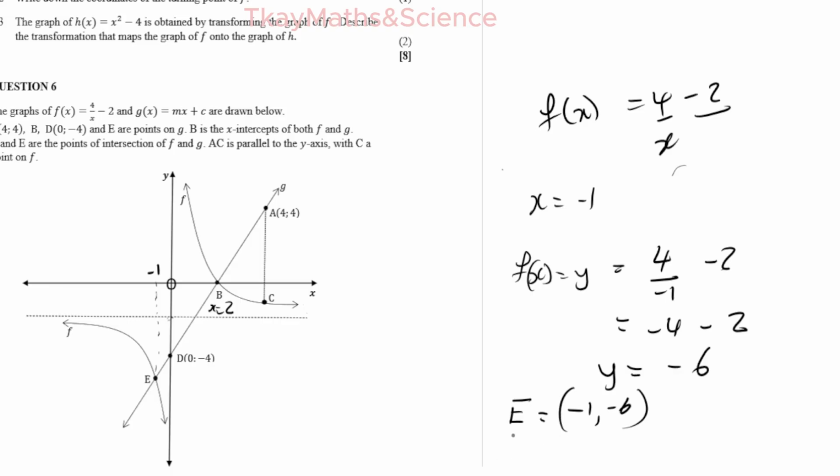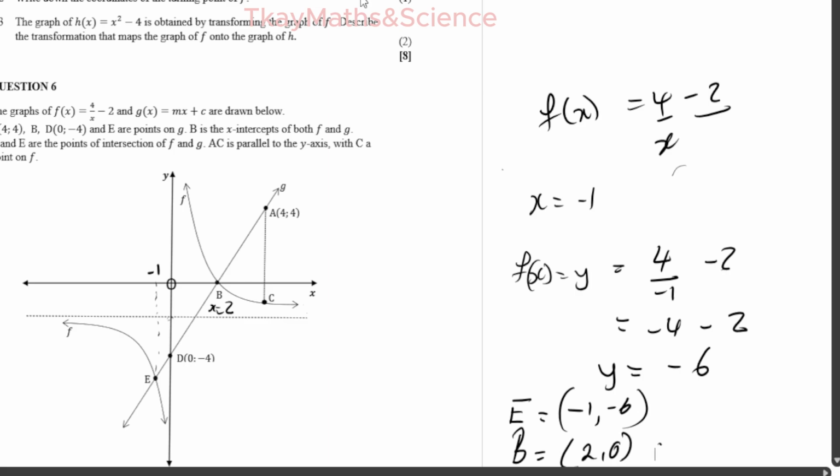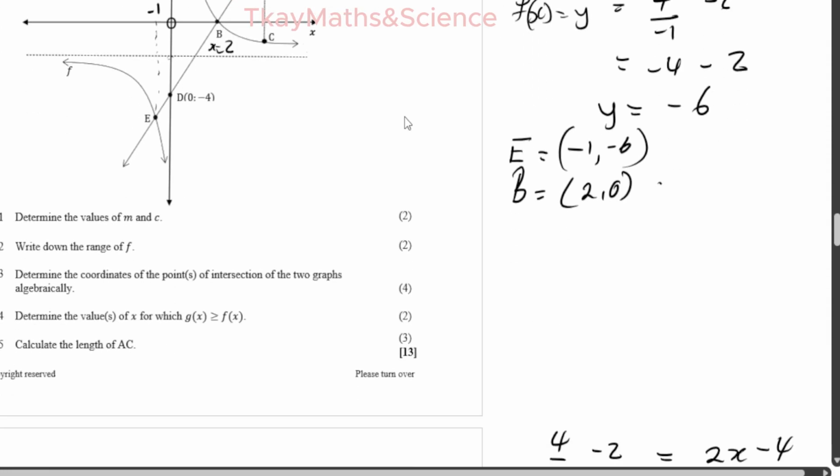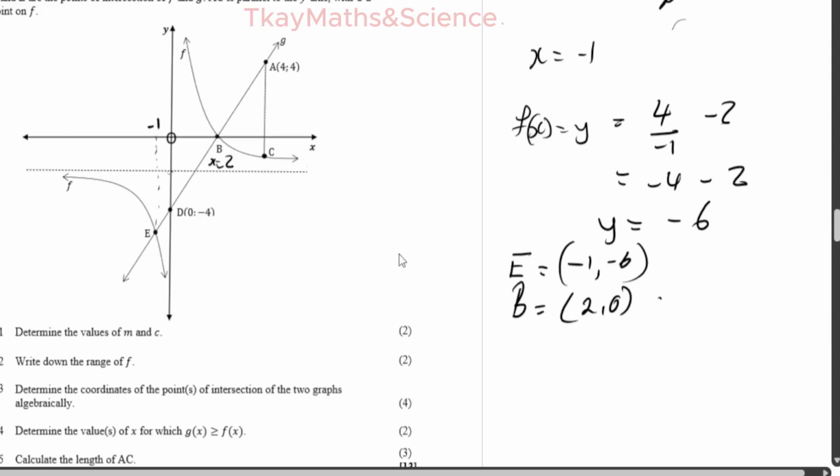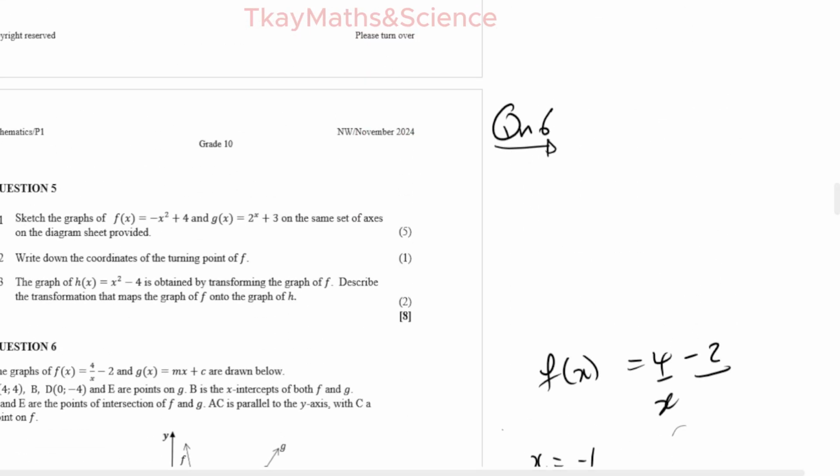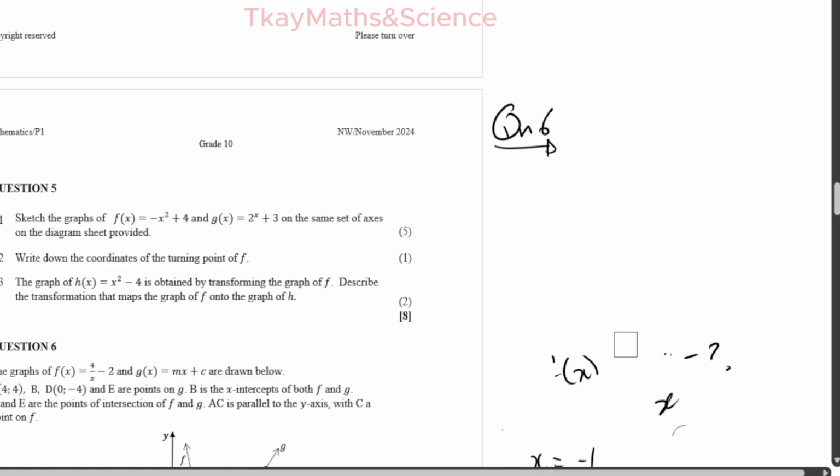Okay. And our B is equal to 2 and 0. Okay. So now let's go to the next one. Let me just brush this one out.